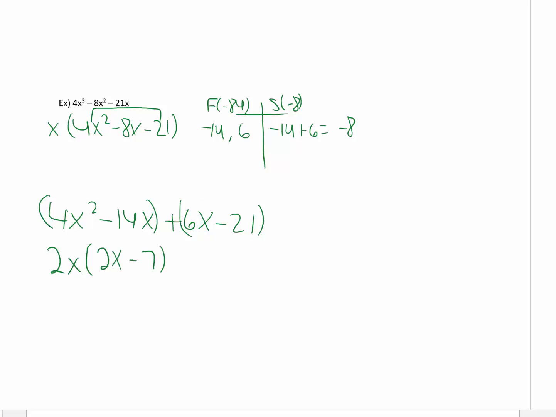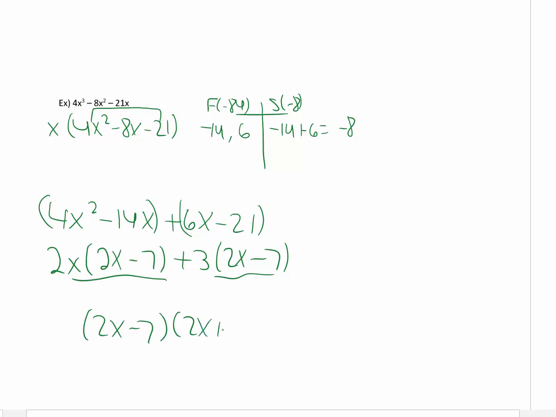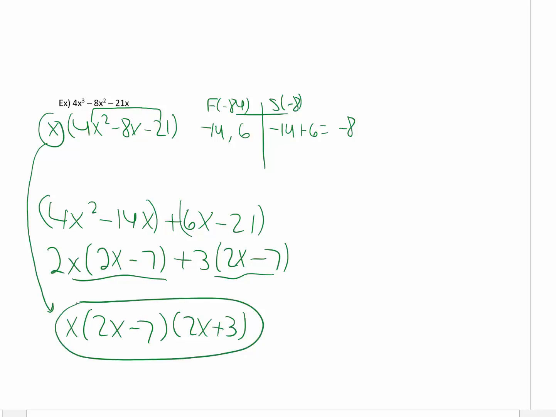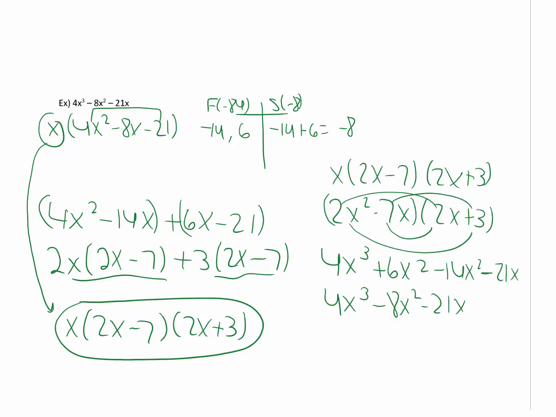I can factor out a 3 from the last two terms. That's 2x minus 7. So I can factor out a 2x minus 7. The other factor is 2x plus 3. Do not forget the greatest common factor that you've already factored out, which is x. And I've completely factored here. So let's multiply to check our answer on the side to make sure we get the original problem. And in this case, we do.